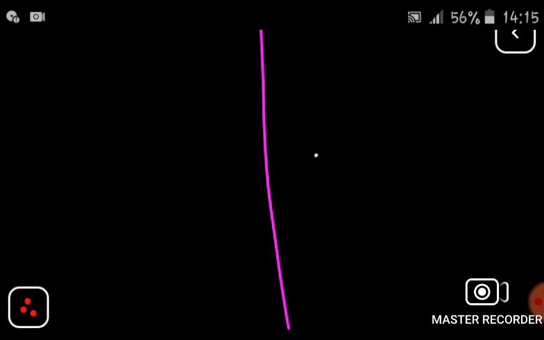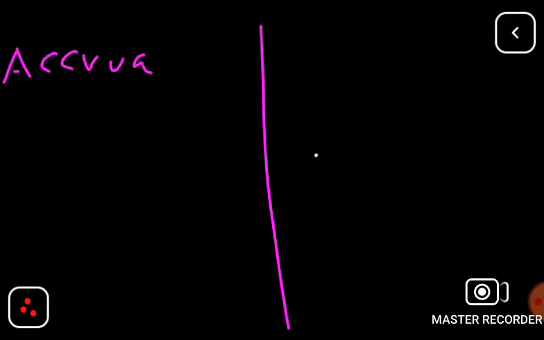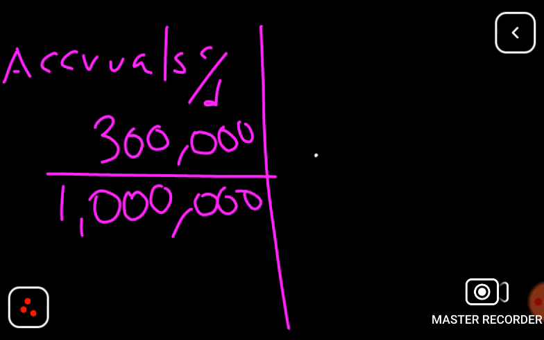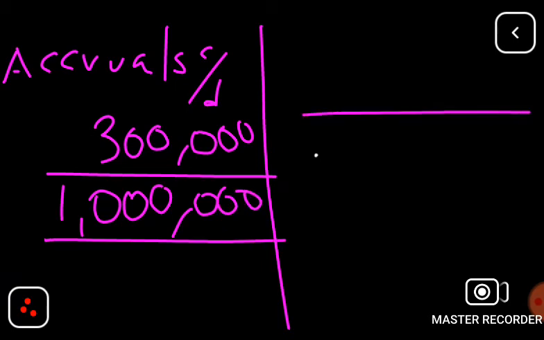I'm going to write that amount as accruals carried down, 300,000, and close, and this amount is now 1 million. And this side is already balanced, so 1 million.